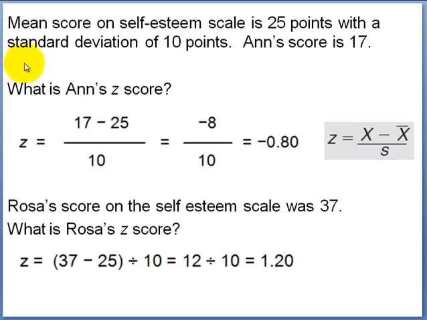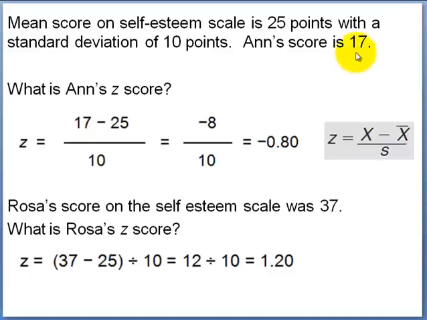Let's calculate a couple of z-scores. To calculate a z-score, we're going to need to know the score, the standard deviation, and additionally the mean. So we've administered a self-esteem scale. The mean for that scale is 25 points. We carry out the standard deviation formula from Chapter 4 and compute a standard deviation of 10 points.